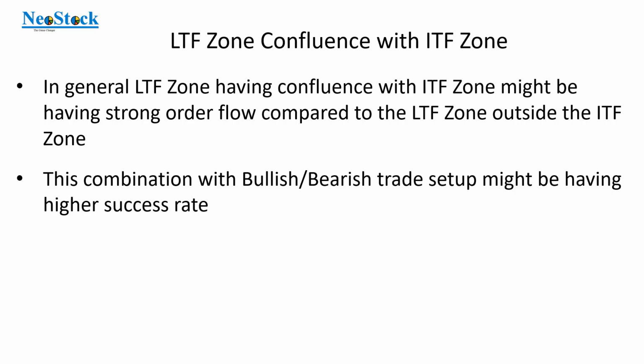The reason is the ITF trend has not changed. Between the ITF zones, there could be multiple LTF zones. If one of the LTF zones is violated, the trend won't change. The next LTF zone probably will give you a success. Or in the best scenario, the LTF zone having confluence with an ITF zone will always give higher success.